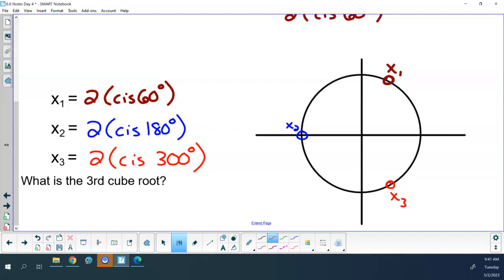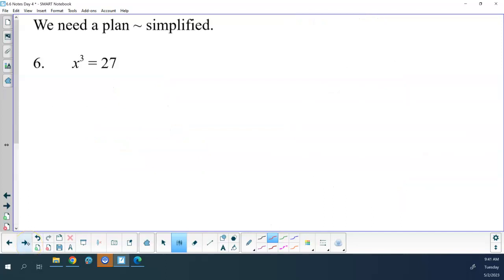So we need a plan, and we're going to simplify that plan. Actually, no, it's going to be a 3-step plan.